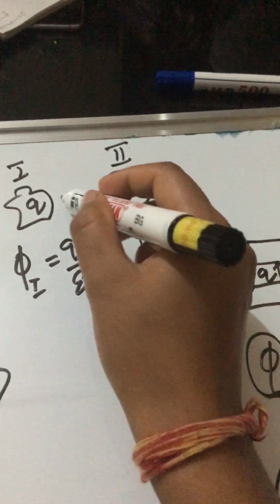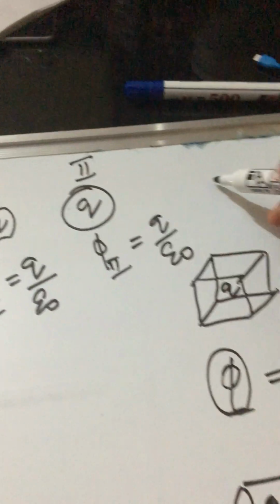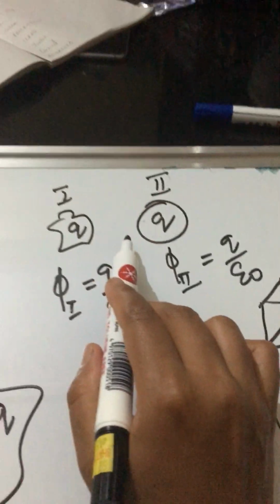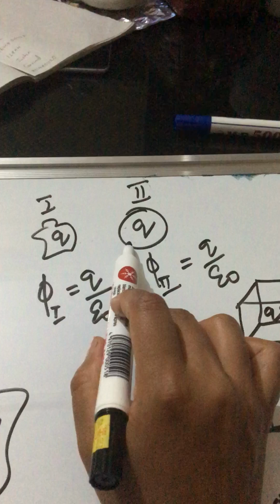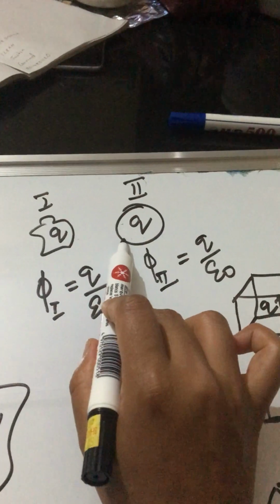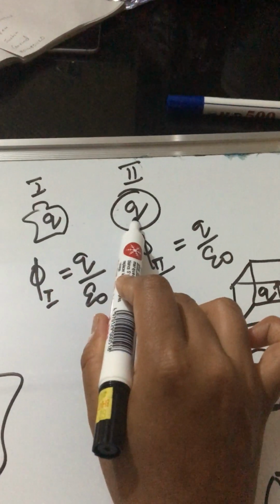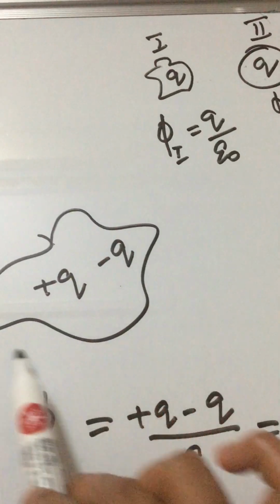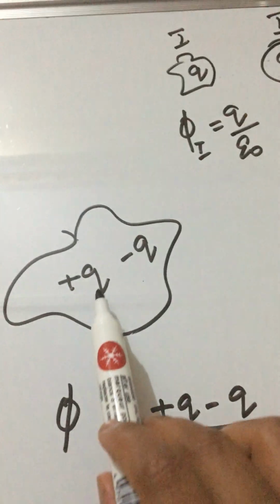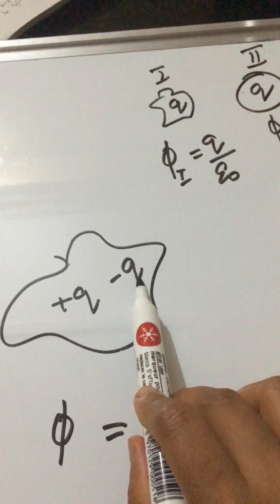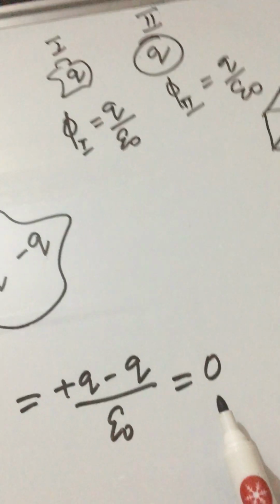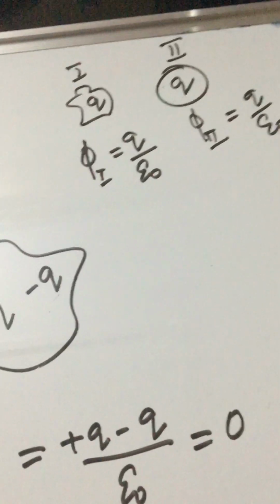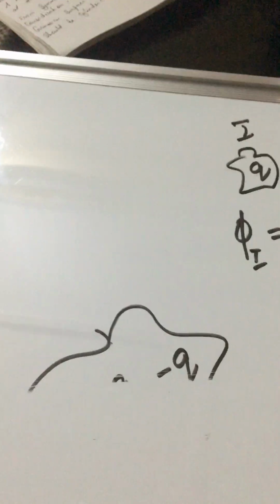So what information does it give? Flux does not depend upon the surface shape, but the flux depends on the charge enclosed. In the earlier case, though there were charges, the total charge is 0. So the flux is 0. So this is the importance of the Gauss theorem.